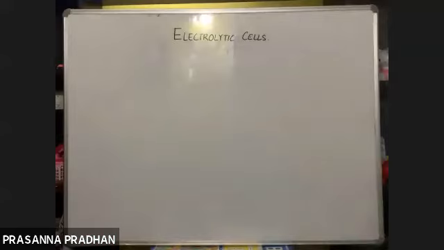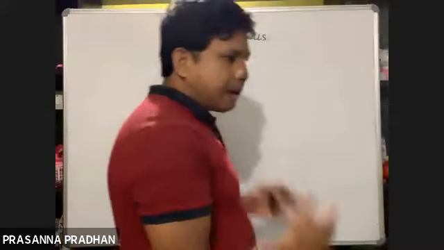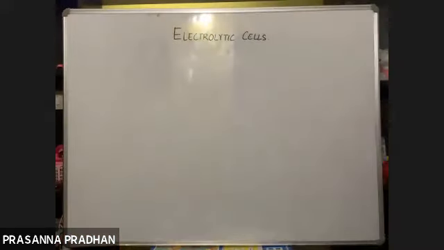As I told you before, in case of electrolytic cells, after you pass a current from an external circuit, what type of current? Direct current. After we pass a direct source of current, a chemical reaction will be initiated, because of which some substances will be deposited or liberated.